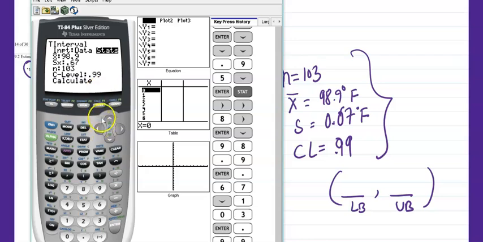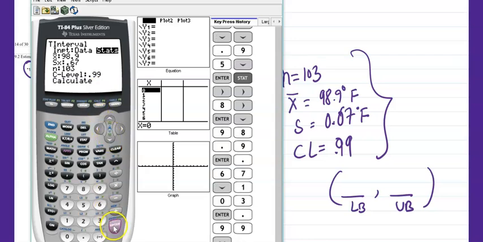That's how I put in the data, then you scroll down and calculate. So you get 98.727, rounded to 2 decimals, 98.73, and 99.07. So that's the answer.